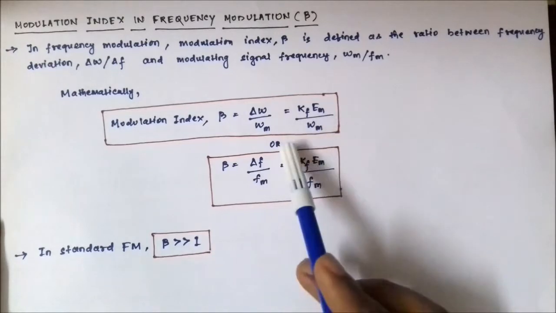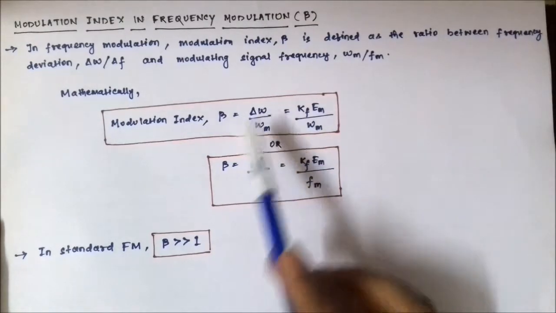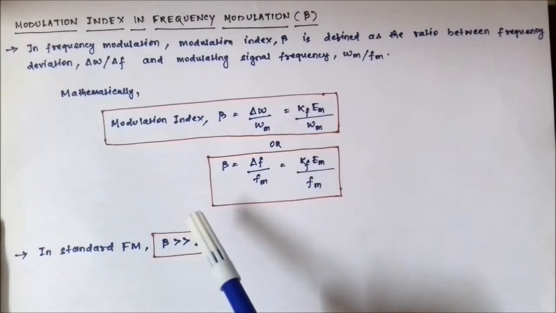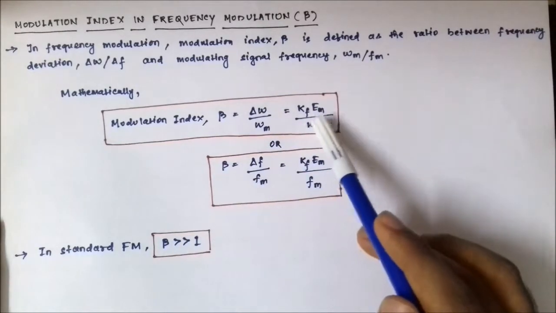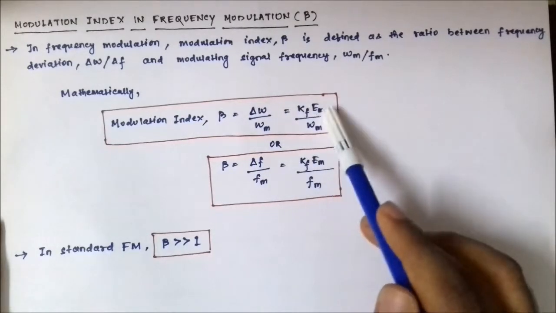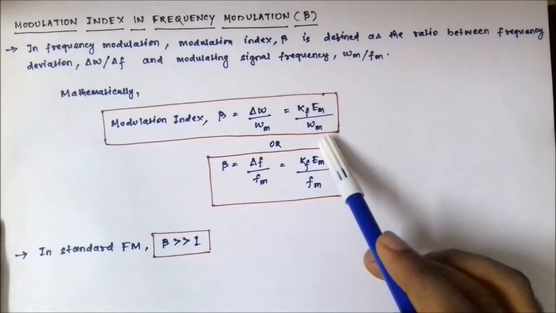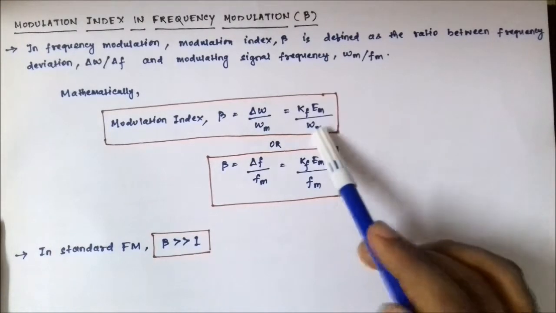It is given by kf Em, which is the frequency deviation value, divided by omega m, which is the angular frequency of the message or modulating signal.